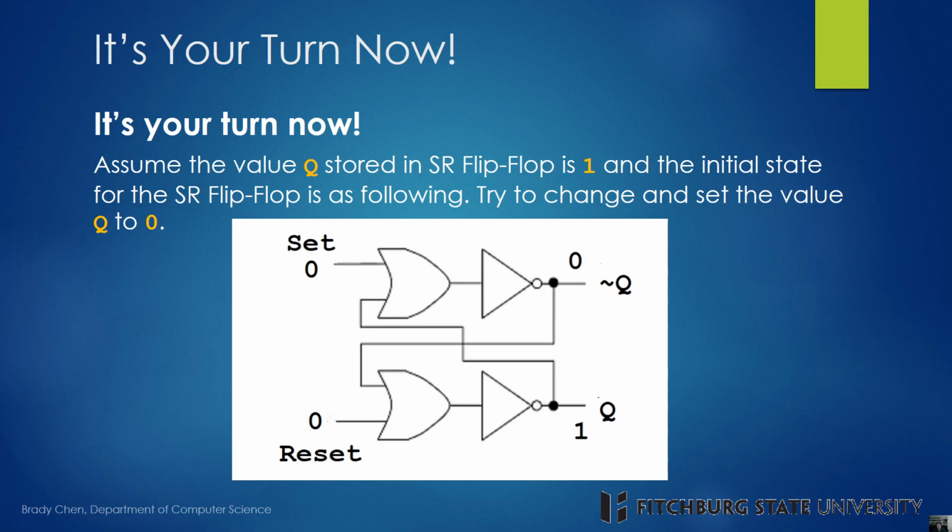This also applies to another case. If the current value Q is 0, how can we refresh the value? Or sometimes we don't even know what value is stored in the flip-flop. So we want to say, okay, I want to set the value Q to 0. I don't care what the value is right now. So what can we do?